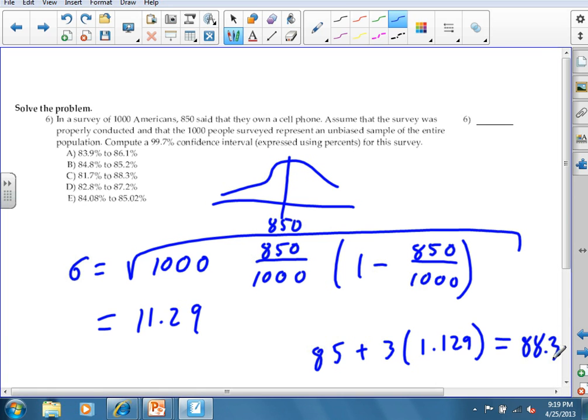Only 88.4. They probably dropped it because there is no 88.4. And if I go 85 minus 3 times 1.129, I bet I get pretty close to that one. I'm going to go with C.